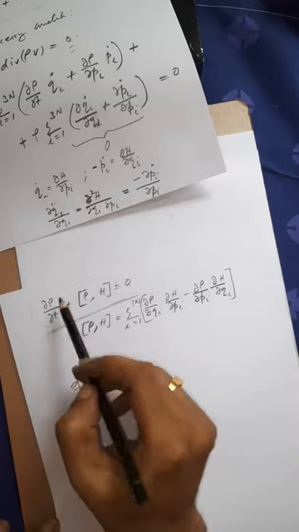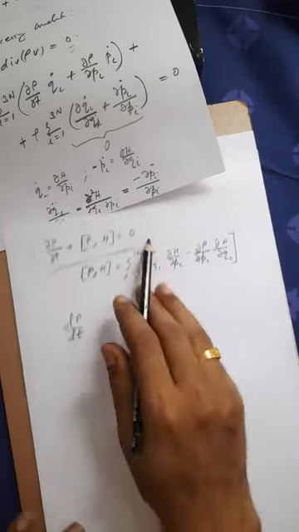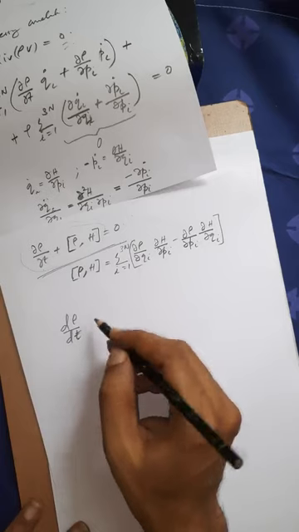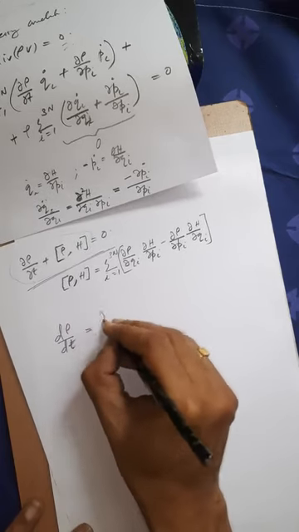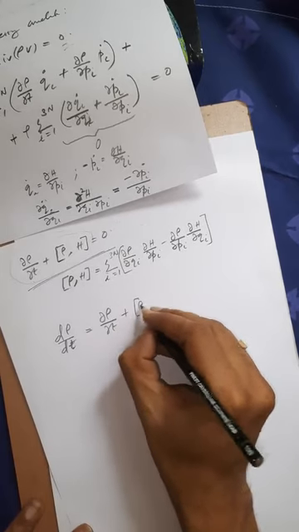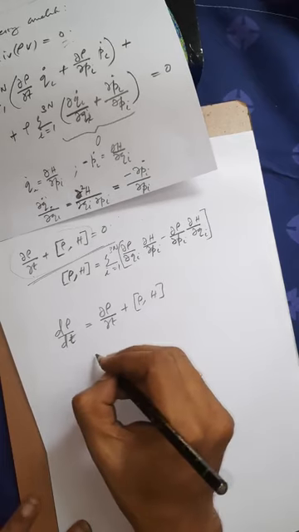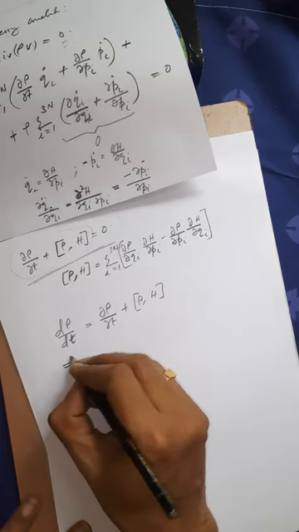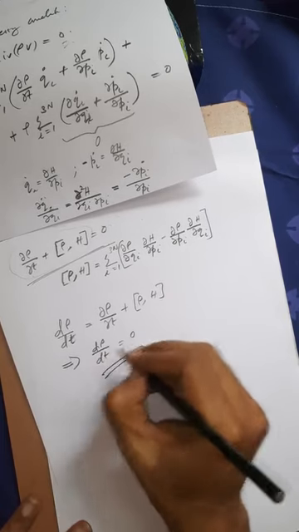So you have a local term and its variation. So this is the total differential. So d rho by dt is equal to dou rho by dou t plus rho h, which means that d rho by dt is equal to 0.